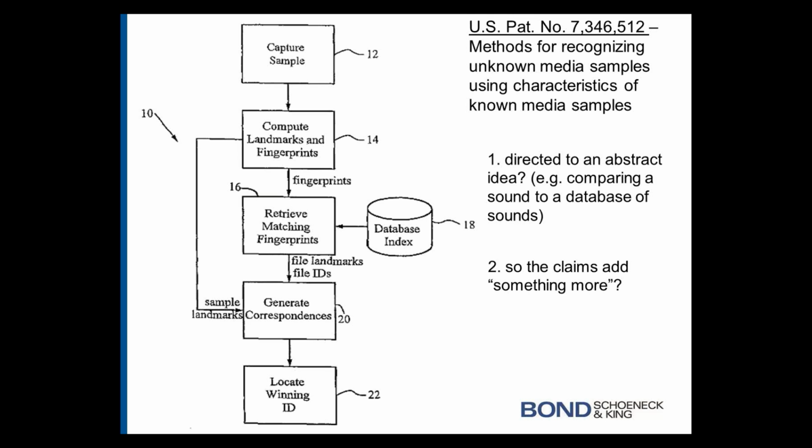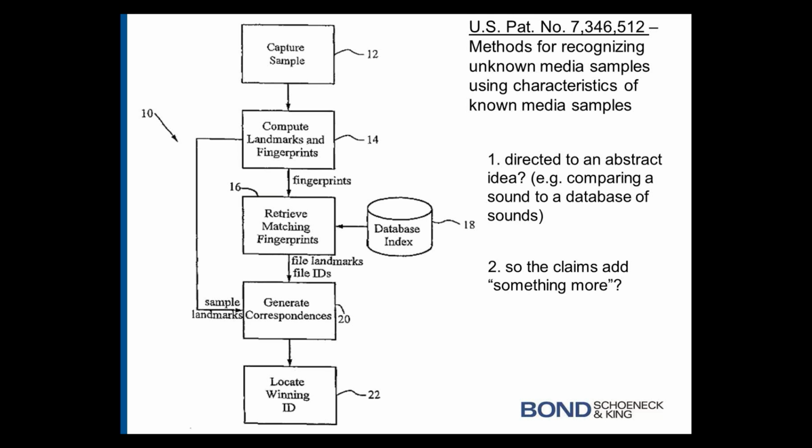So here is one of the figures of U.S. Patent number 7346512, and it's directed to the functionality of some of Shazam's software that controls its application. The question is, are the claims directed to an abstract idea?